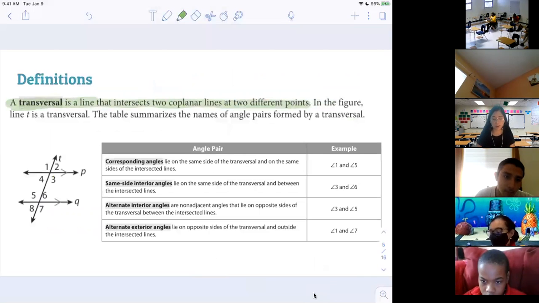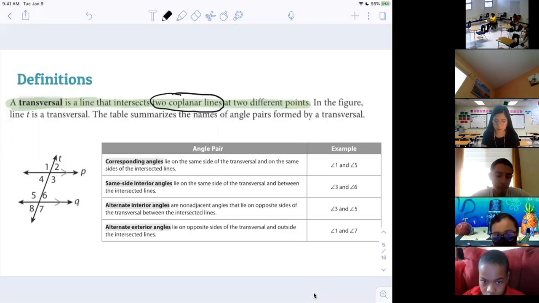For now, we are going to copy down this chart later, but I just want to go over the definition first. A transversal is a line that intersects two coplanar lines at two different points. So here, my two coplanar lines, my two lines that are on the same plane, are P and Q. These two are just chilling.